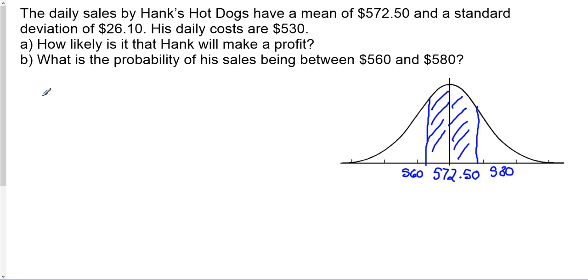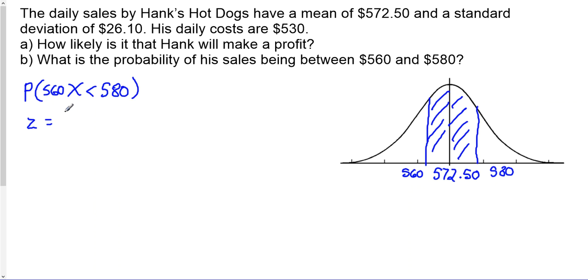So this is going to involve calculating two areas, the area from 560 to the mean and the area from 580 to the mean, and adding them together. So what we're after here is the probability that our continuous random variable x is between 560 and 580. And so we're going to calculate the z-scores for these two numbers.